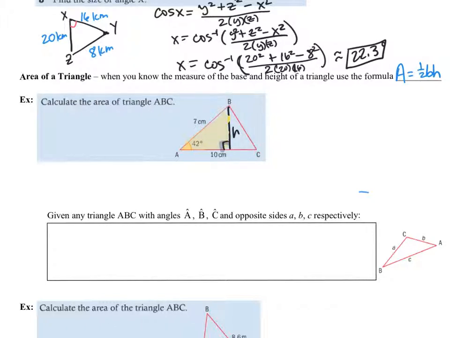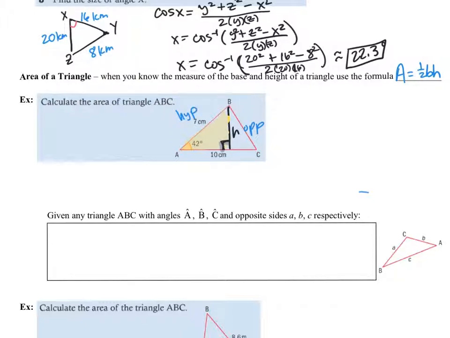Okay, if we take a look at this yellow right triangle, and we work off of this 42-degree angle, we could use this hypotenuse and this opposite side to find out what H is. With respect to the 42-degree angle, H is the opposite side, and 7, of course, is the hypotenuse.